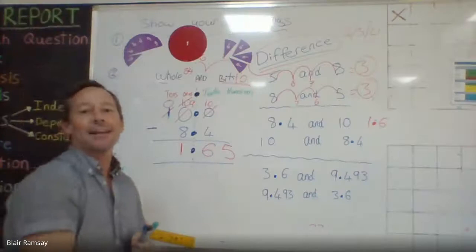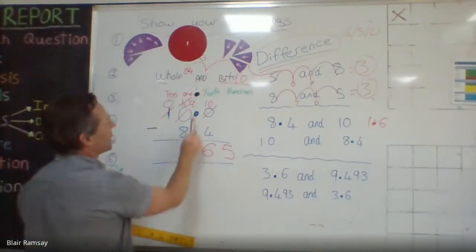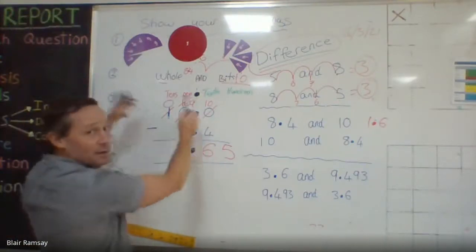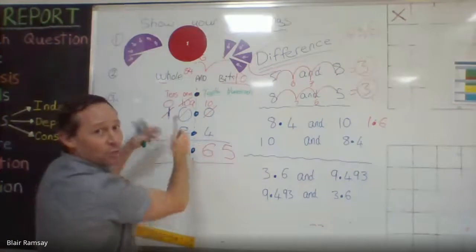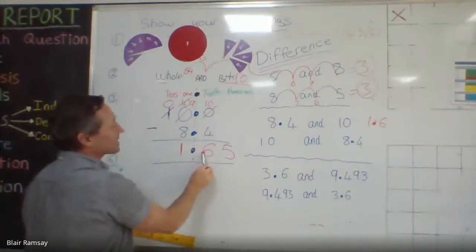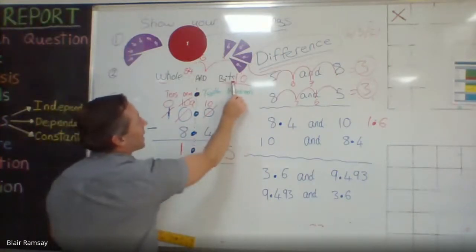1 and 65 hundredths. That's the one, yeah. So anything in front of the and is the one whole, and 65 hundredths.